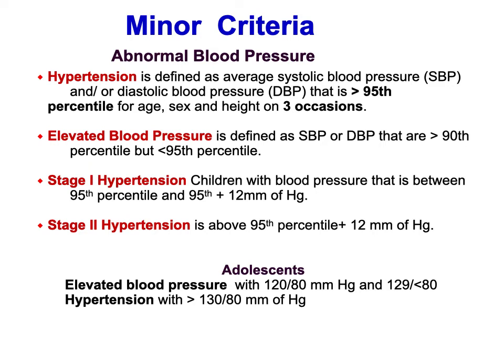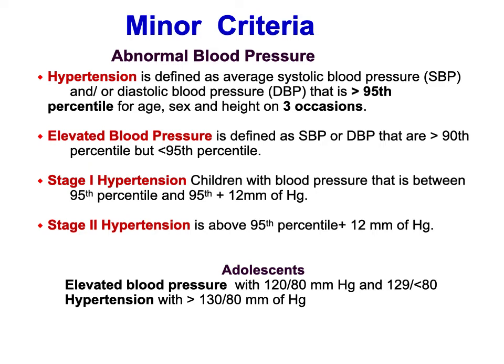Elevated blood pressure is talked about when it is more than the 90th centile, that is between the 90th and 95th centile. And then stage 1 and stage 2 hypertension. Stage 1 is, some people call it 95th centile plus 12 millimeter, and some people call it between the 95th and 99th centile, and whenever it is above the 99th centile or 95th centile plus 12 millimeter value, it is called stage 2 hypertension in children.